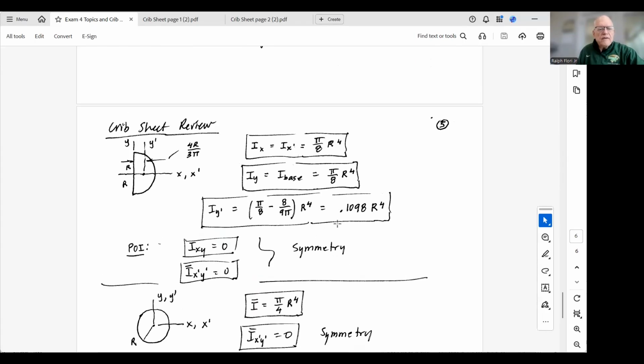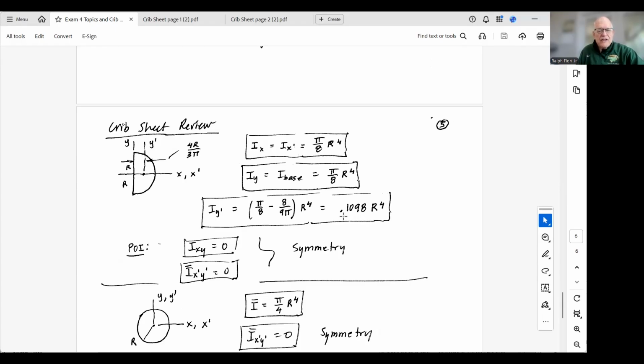For a half circle, you've got an x-axis, which is also the same as the x prime axis. You have a y-axis, which I would call a base. And then you have a y prime axis, which goes through the centroid. Ix is the same thing as Ix prime, which is pi over 8 r to the fourth. Iy is the same thing as an I base, in my view, which is pi over 8 r to the fourth. I about the y prime axis, he gives as (pi over 8 minus 8 over 9 pi) r to the fourth, and you can derive that.